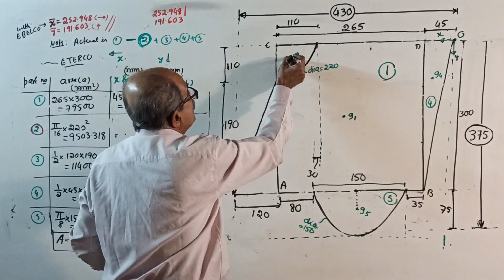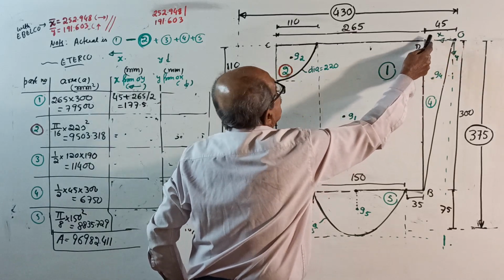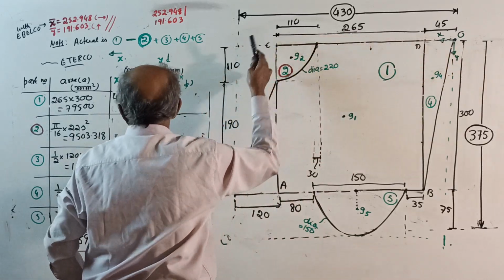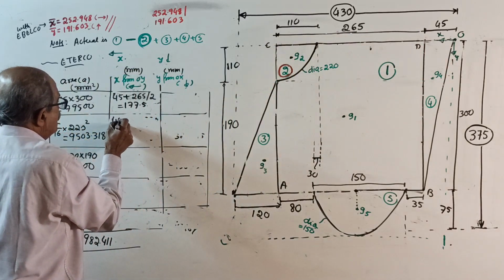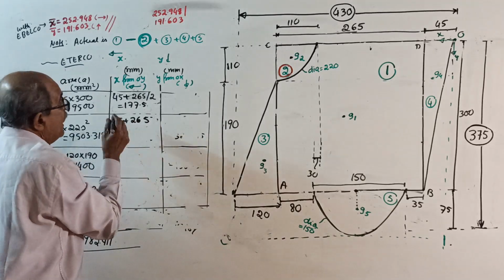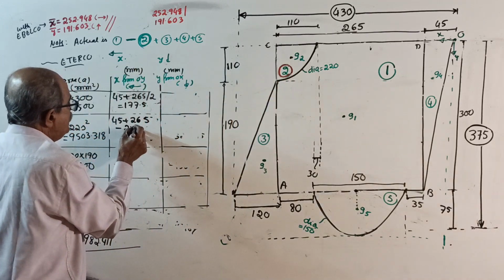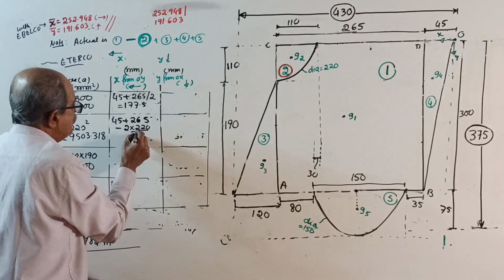x2, centroid here. 45 plus 265, subtract this distance, that is 2 into 220 divided by 3 pi.